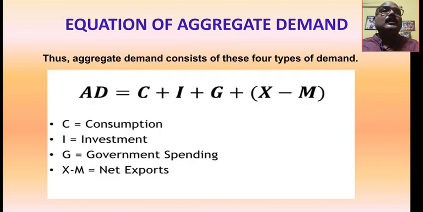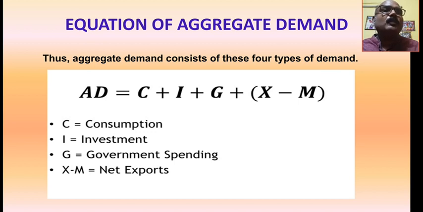So now, this slide shows you the equation of the aggregate demand. Already you know in the expenditure method that aggregate demand is equal to C plus I plus G plus X minus M. I have already told you there are 4 sectors in a modern economy or open economy. Here C means consumption demand of the household, I means investment demand or gross domestic capital formation of the producing sector, G means government spending of the government sector or government final consumption expenditure, and X minus M means net export.